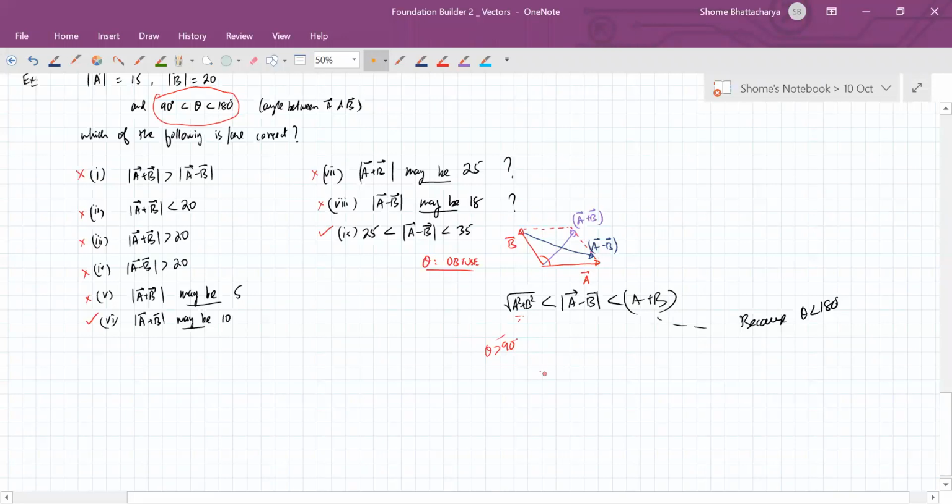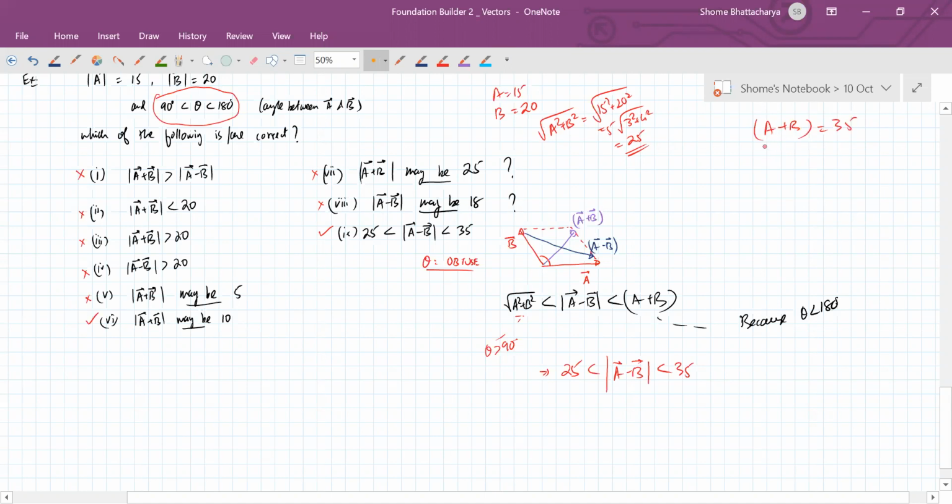So that means my mod of a minus b will have a magnitude less than 35 but greater than 25, because a is equal to 15, b is equal to 20, root of a square plus b square is 25, a plus b is 35 and the magnitude of a minus b is 5. So this is one statement we can say.